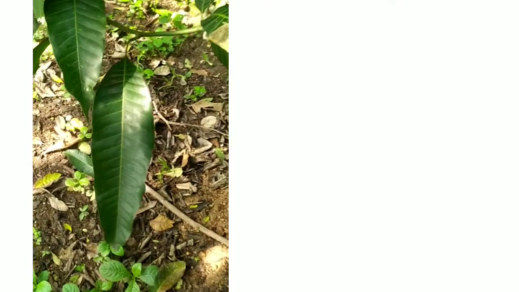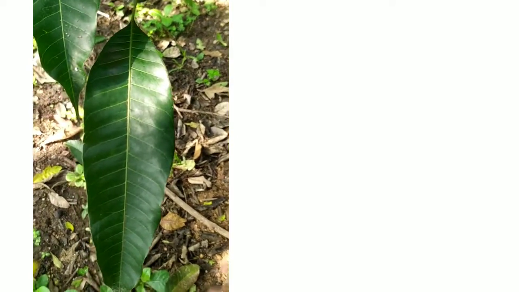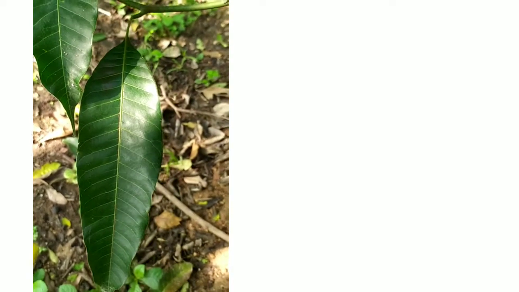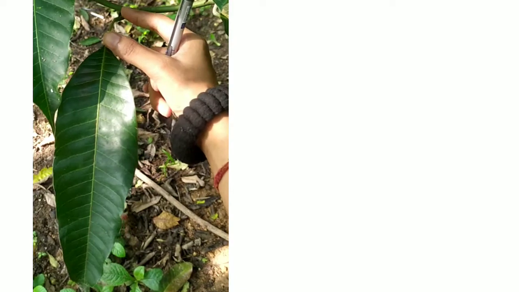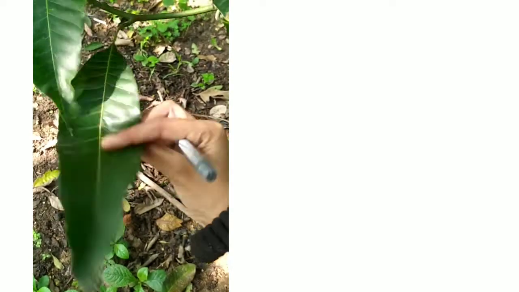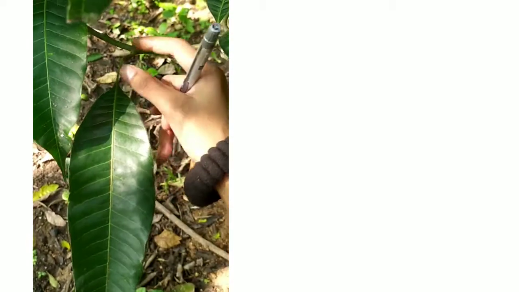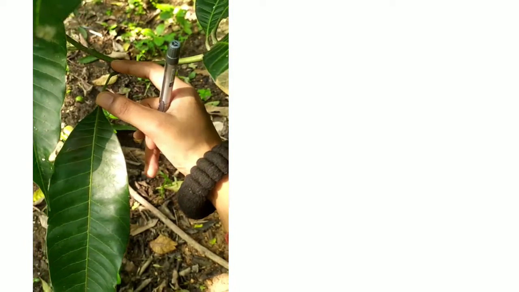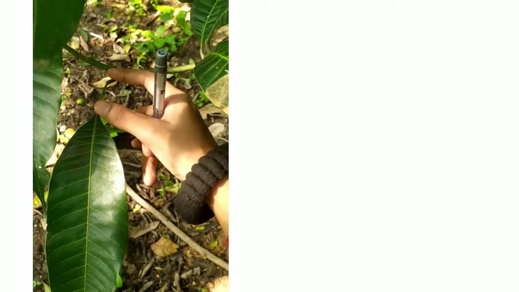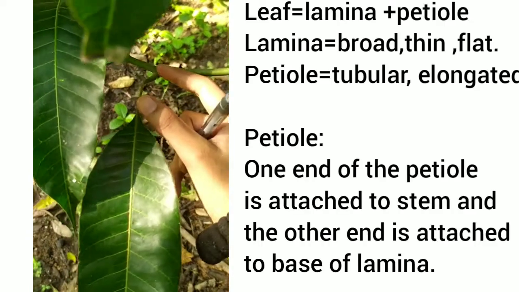Now let us see the different parts of a leaf. A leaf basically has two parts: one is this portion and the other one is this portion. The portion that is flat, thin, broad and long is called the lamina, and the portion that is not flat, not broad, but instead is tubular and elongated is called the petiole.